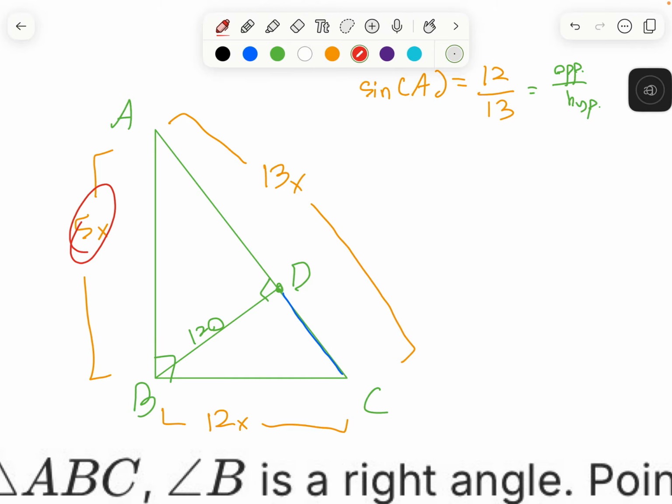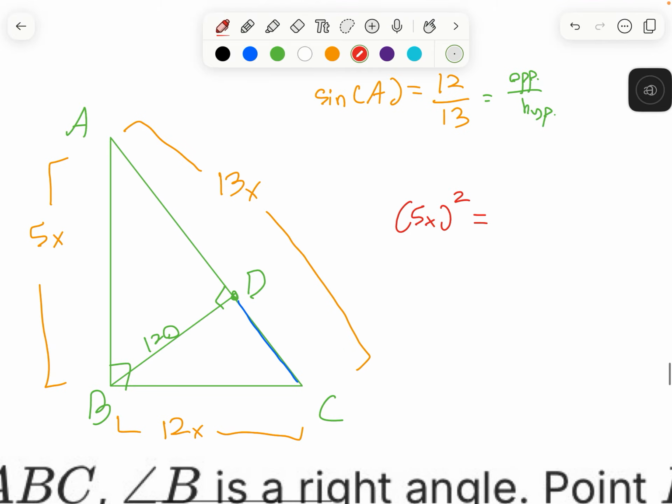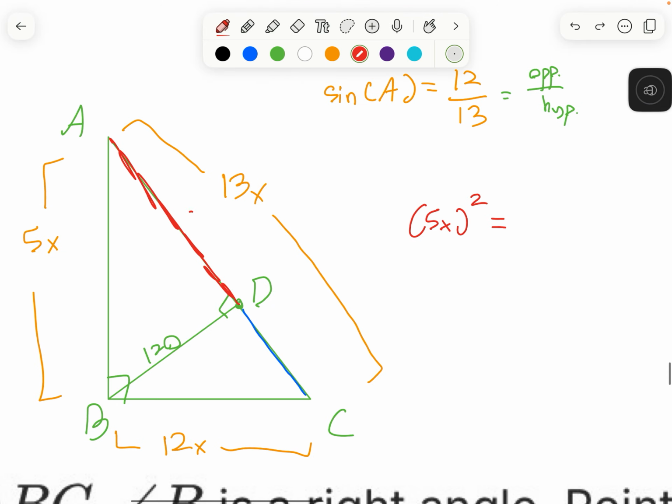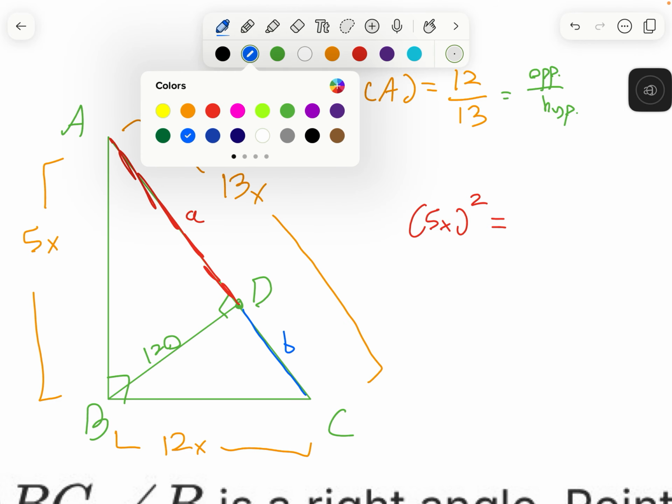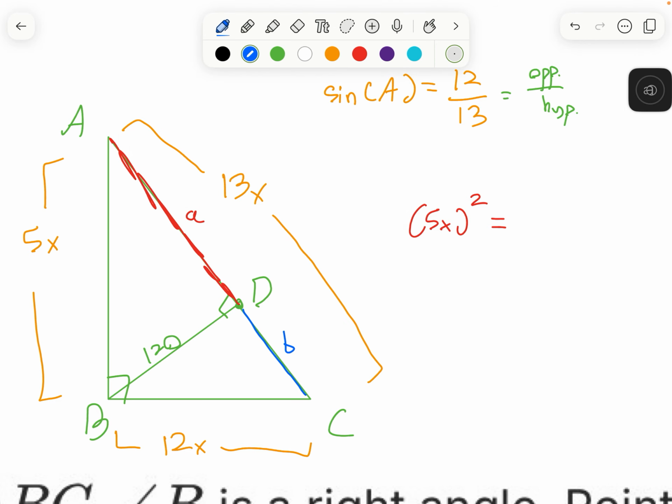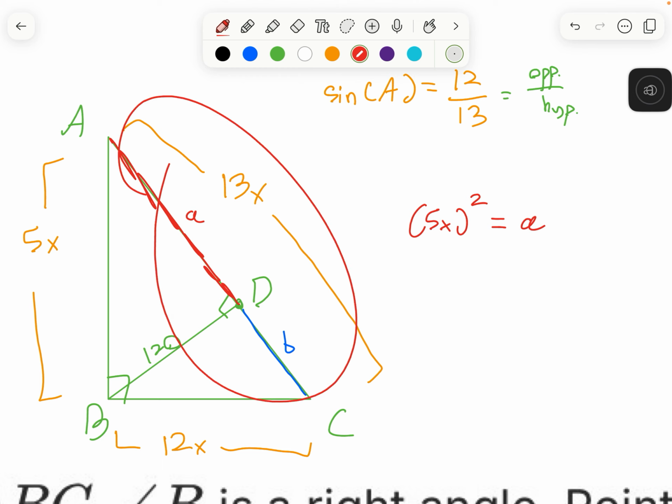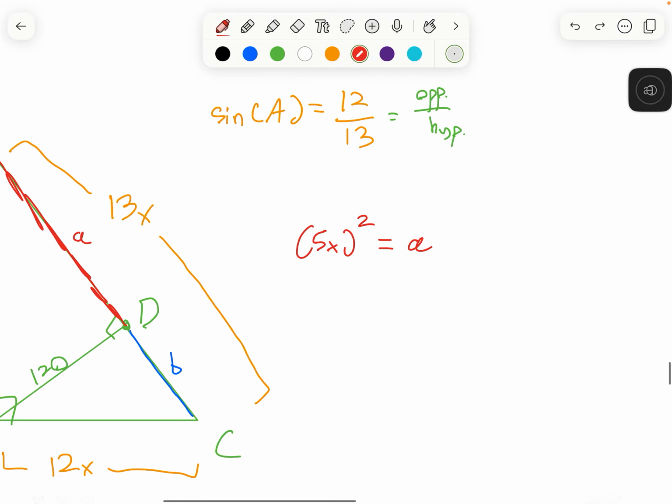So a leg squared, so that's 5x squared, equals the closer segment times the entire segment. I'm going to call this A, and I'm just going to call this B. But it's the leg squared equals the closer segment, so that's A, times the entire segment, which is 13x.